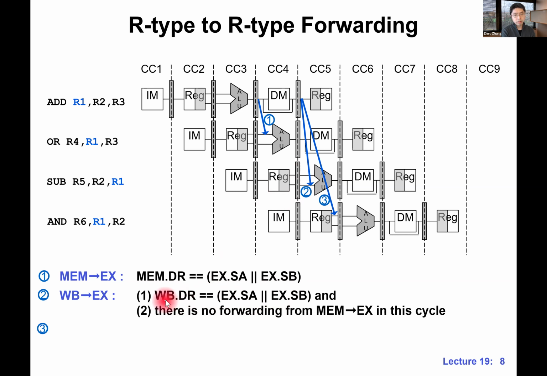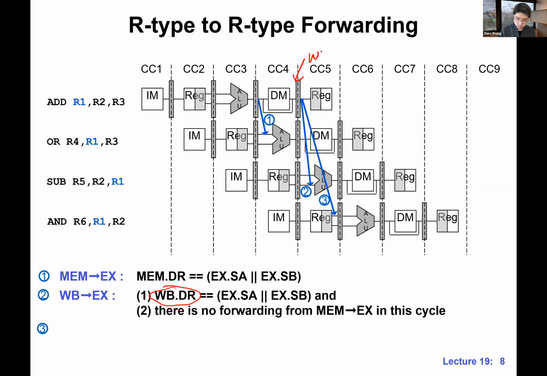So which pipeline register do you think we are using? Where is this information stored? Any suggestion? MEM/WB, very good.